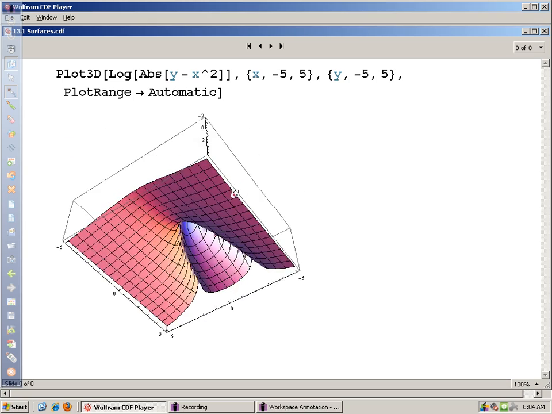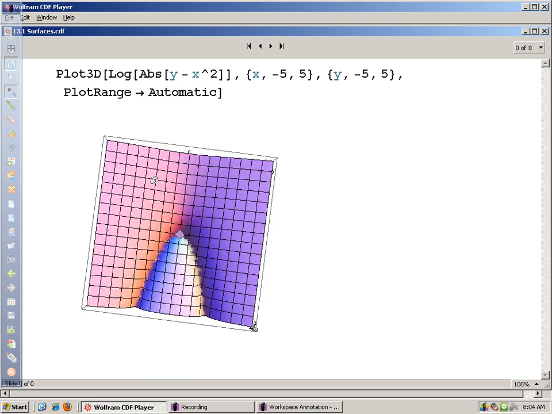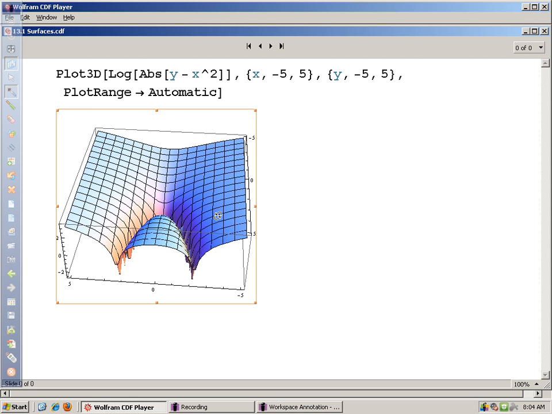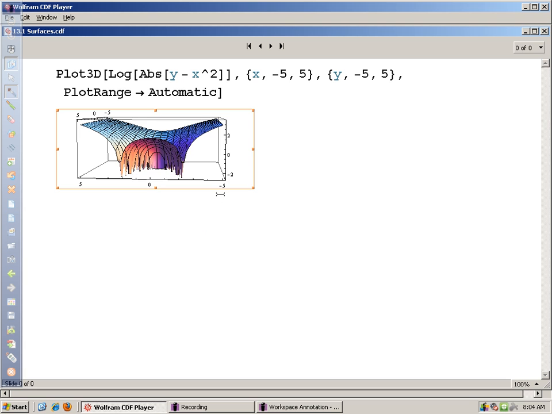So let me try to rotate it. If we think about where the elevation is constant, I get parabolas here. So we have the parabola, and it's the same function, but as we get to where y minus x squared would give, because we can't take the natural log of 0 or a negative number, our function becomes undefined anywhere we get a 0 or a negative number.